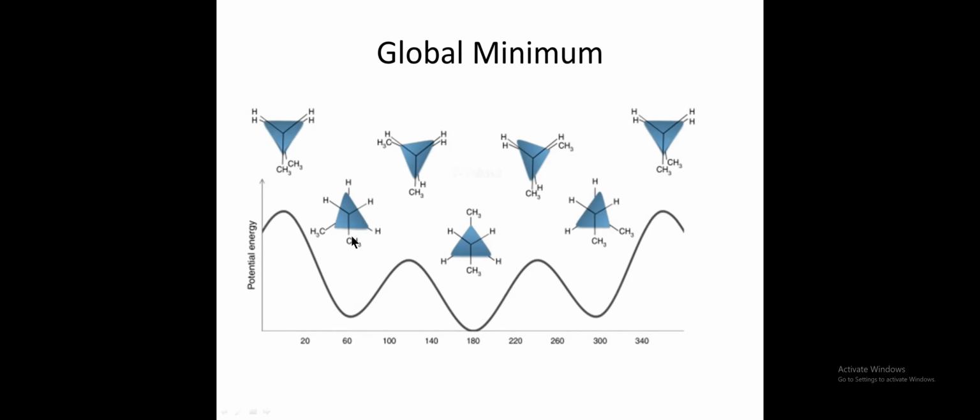So, for example, if we were somewhere here and we're just looking at a very simplified form of butane, we have eclipse forms, various gauche forms, and then the most stable staggered form here.